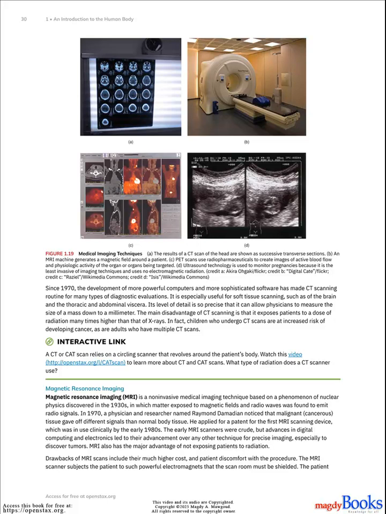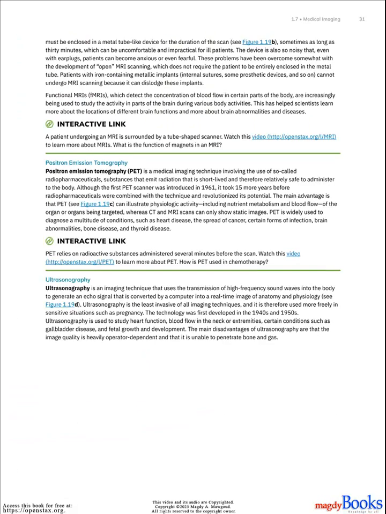MRI also has the major advantage of not exposing patients to radiation. Drawbacks of MRI scans include their much higher cost and patient discomfort with the procedure. The MRI scanner subjects the patient to such powerful electromagnets that the scan room must be shielded. The patient must be enclosed in a metal tube-like device for the duration of the scan.